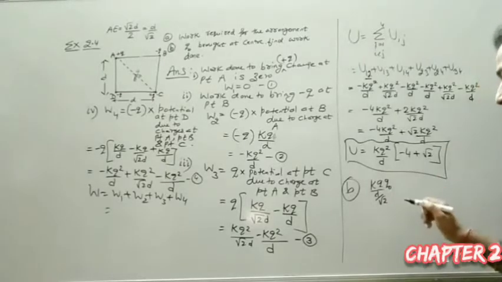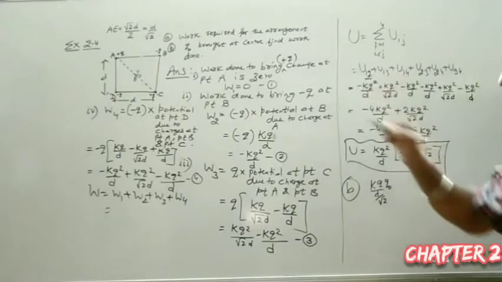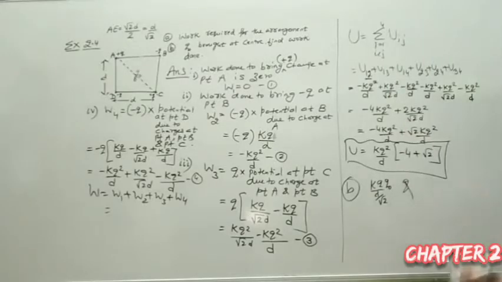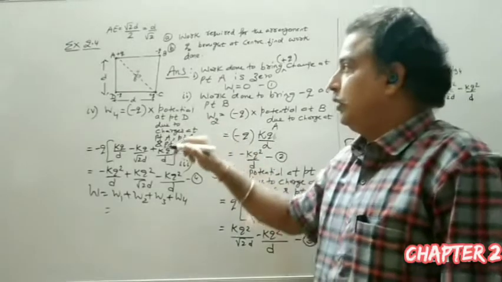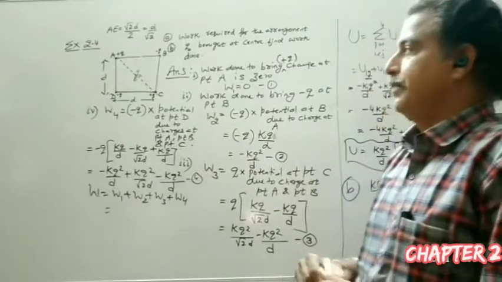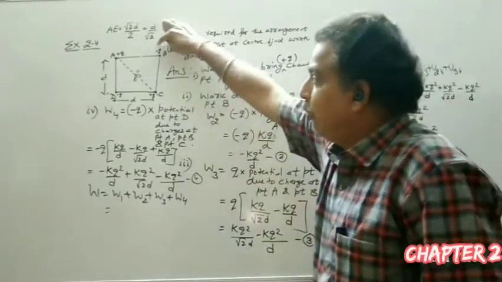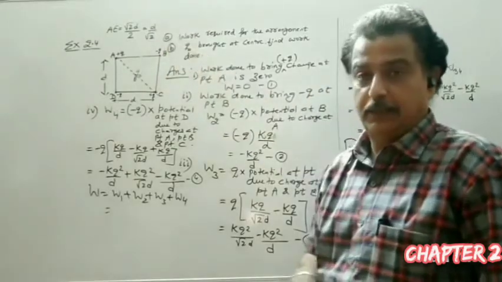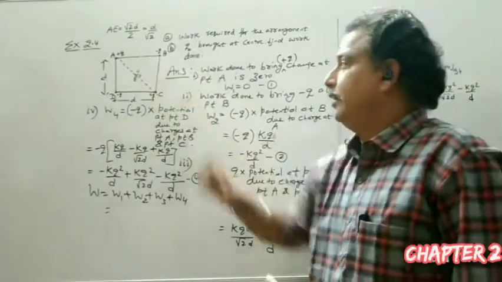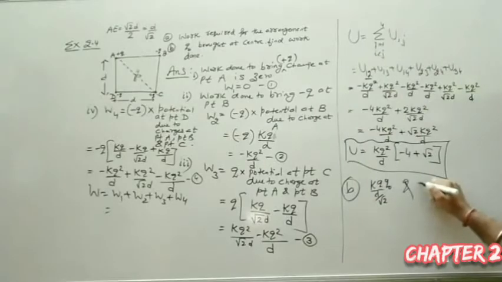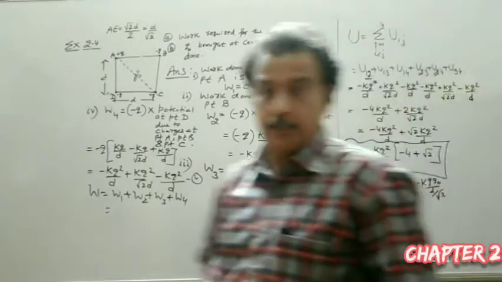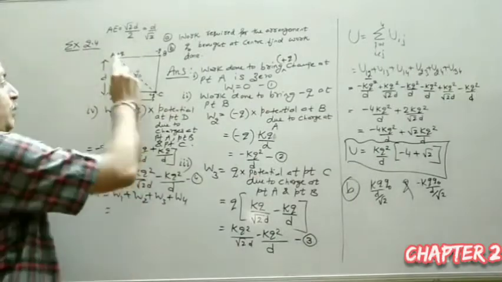Now this is work done against A, but at the same time, if I find the potential due to the other points, say against B, again it comes out to be minus k Q naught upon d by root 2. Now they will cancel each other. This is plus, this is minus.